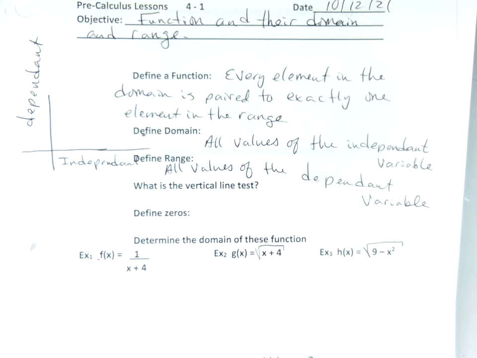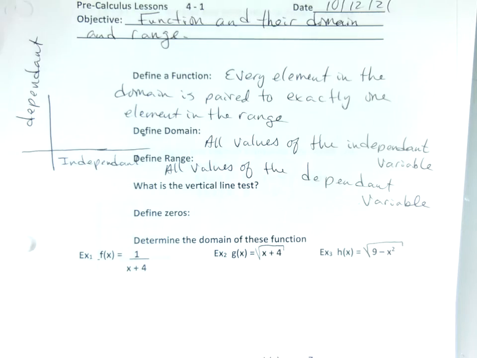So if you're going to talk about distance and time, time has to go here. You get to independently choose how much time you drive, and the distance is dependent on the time. So time goes here, the distance goes in, right? You're going to sell tickets to the senior class. The number of tickets drives your sales. So your sales, or your income, is dependent upon the number of tickets you sell, right? Does that make sense? And there's a lot of different examples we can take that are not x and y.